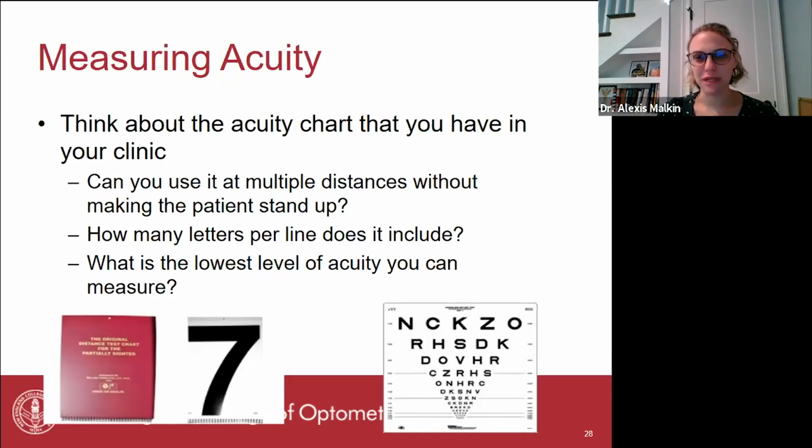We always tell our students if they can count fingers, they can see a letter on an acuity chart at some distance. Your fingers are a much harder target to see actually than the large 7 on the Designs for Vision chart. So think about what you can do with your chart and how to leverage those tools to get the best measure of acuity, really so you can educate the patient better about how they see.